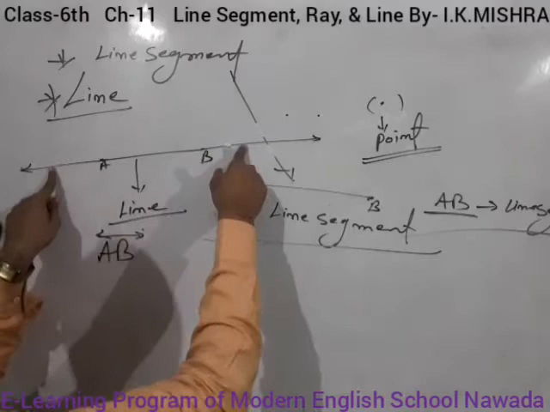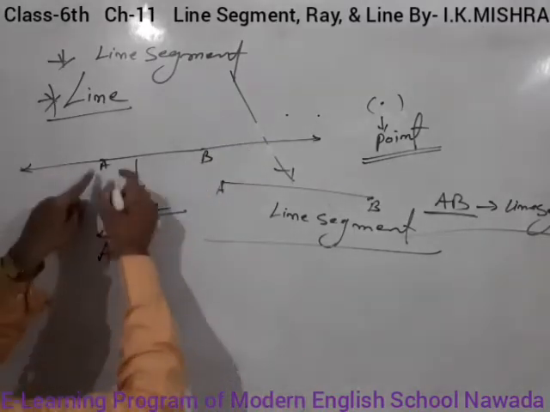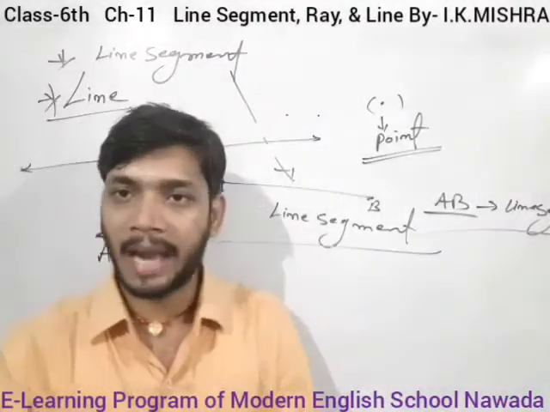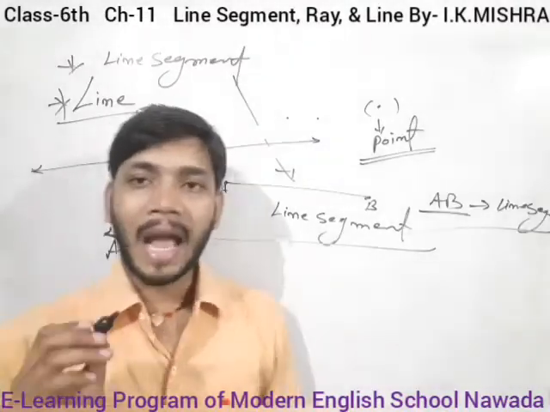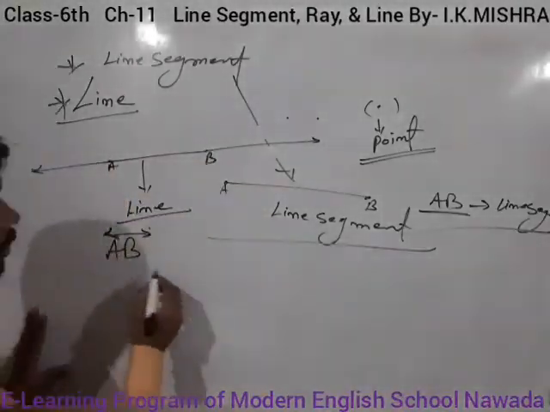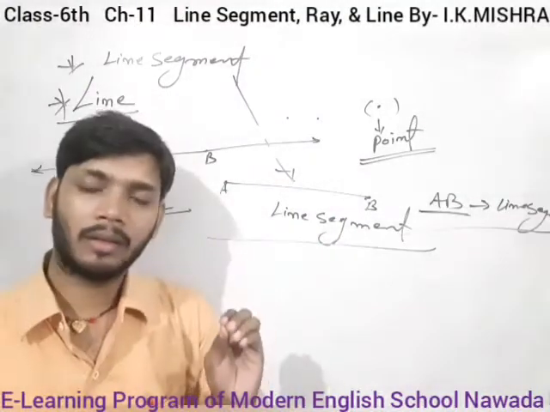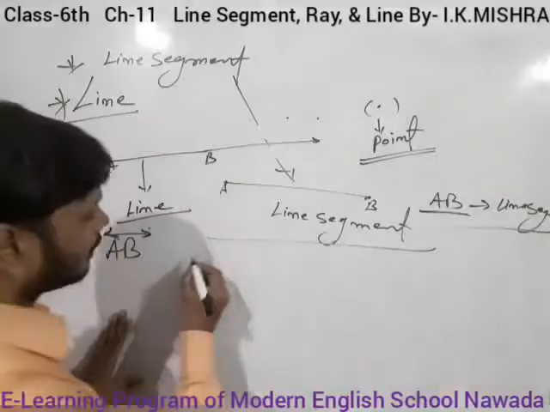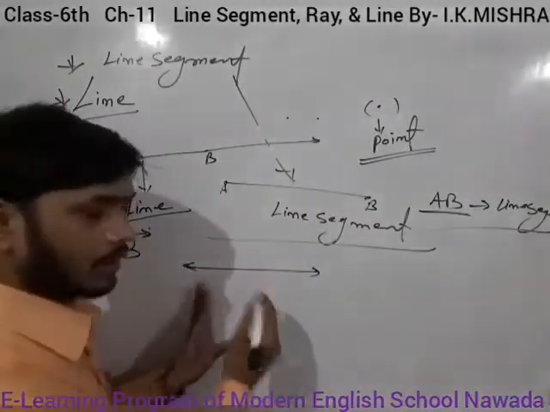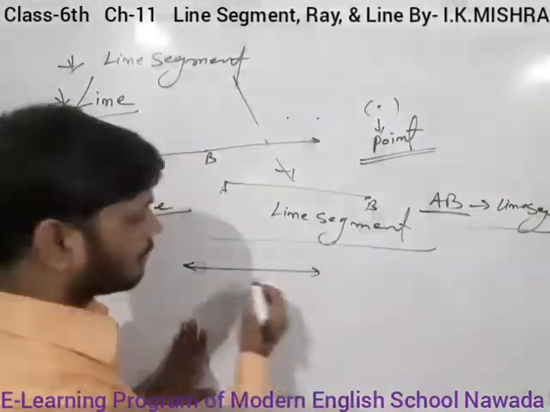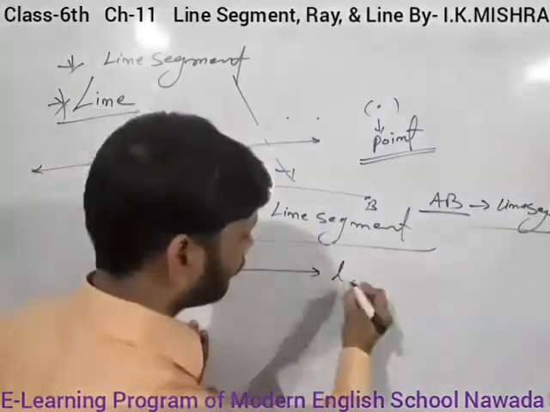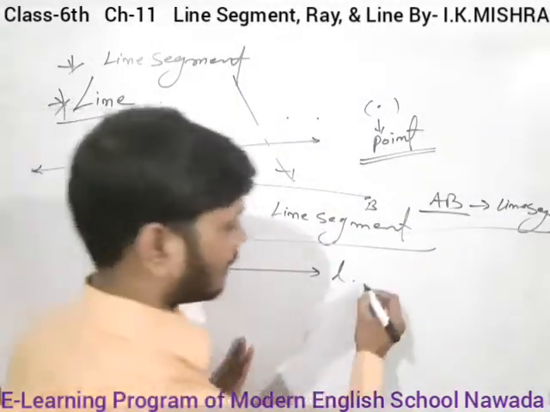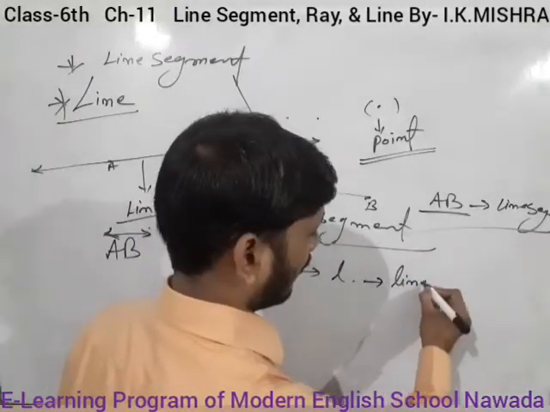Here the line's 2 points are given, AB, and this arrow shows this is a line. Students, a line can also be represented by any small letter of the alphabet. Suppose here we have to denote a line. Here it's a line and its name can be written as L. Here it's read as line L.